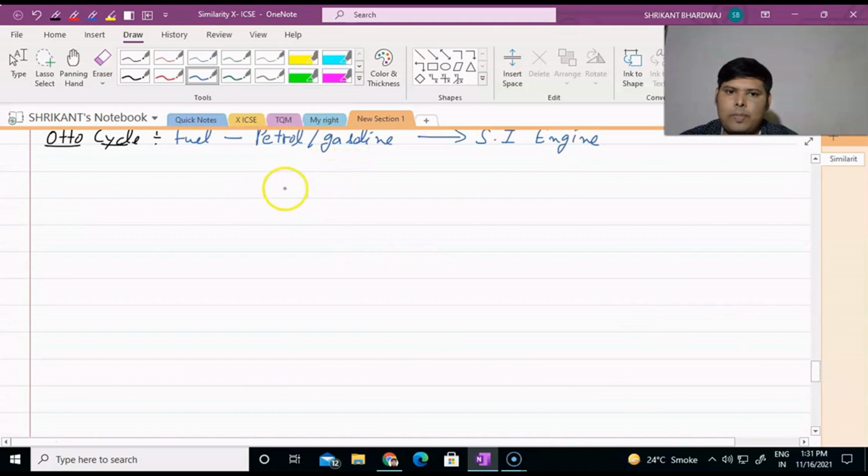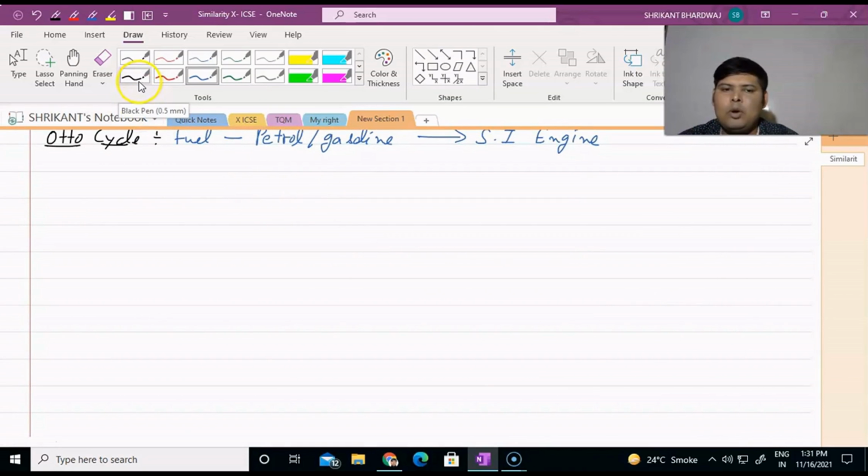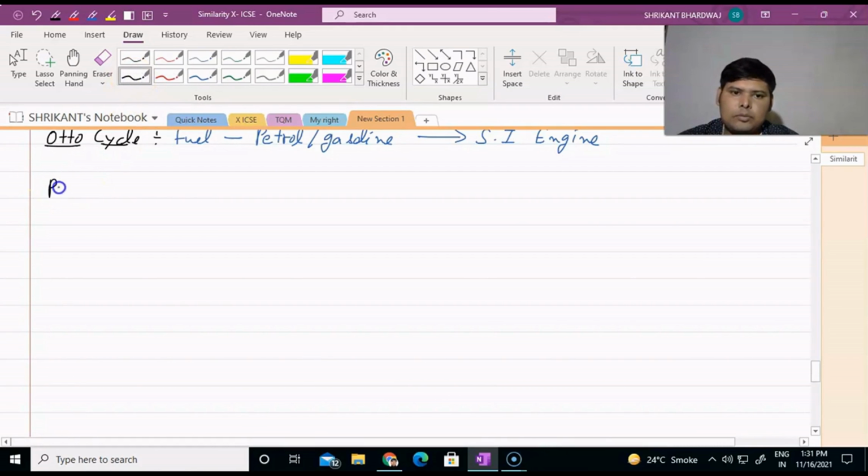Now let us move with PV and the TS diagram for this Otto cycle. PV diagram, and here I will draw TS diagram.